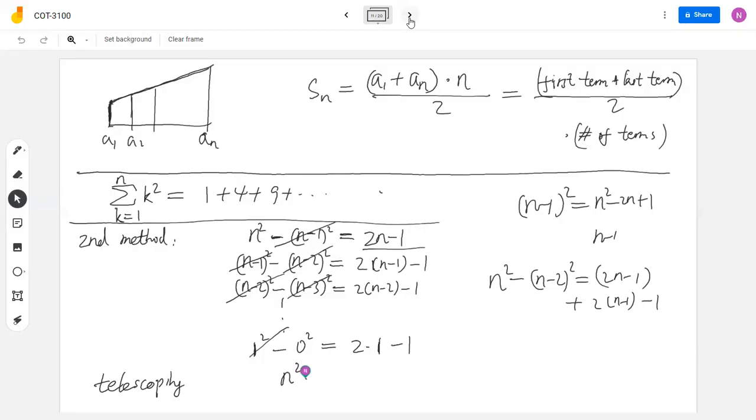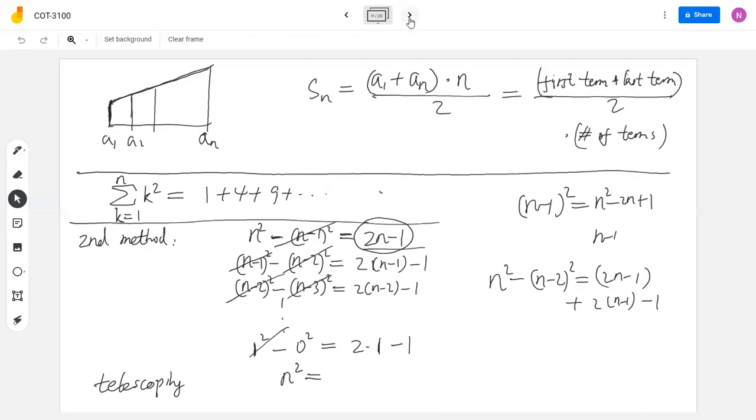And what do we get on the right-hand side? In the first equation it is 2n minus 1. The second is 2 times n minus 1 minus 1. The next one is 2 times n minus 2 minus 1.